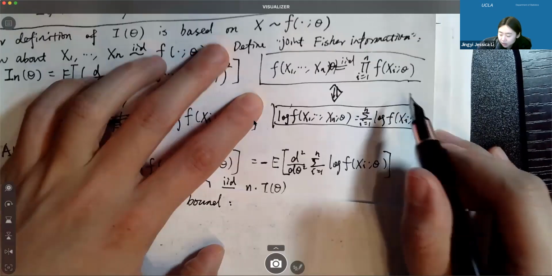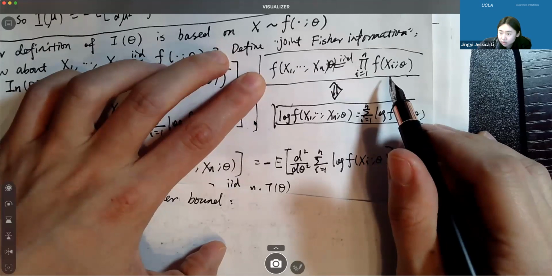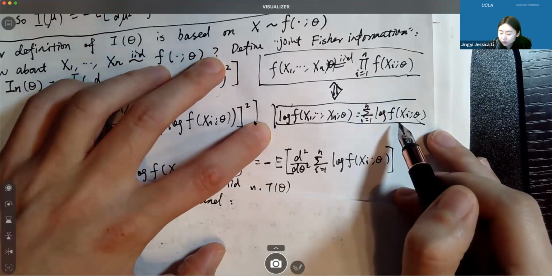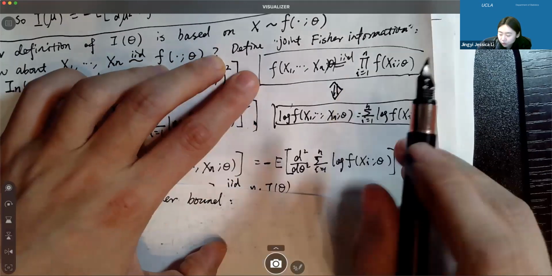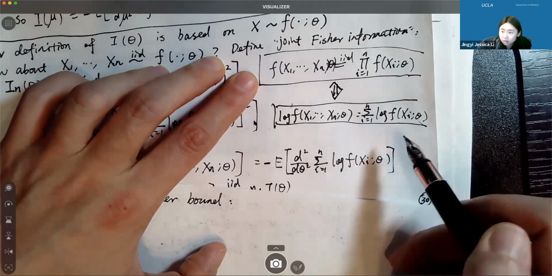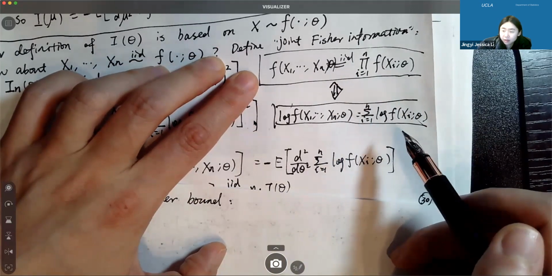This is the product on the normal scale, and this is on the log scale. When we go to the log, the log of a product becomes a sum of logs.